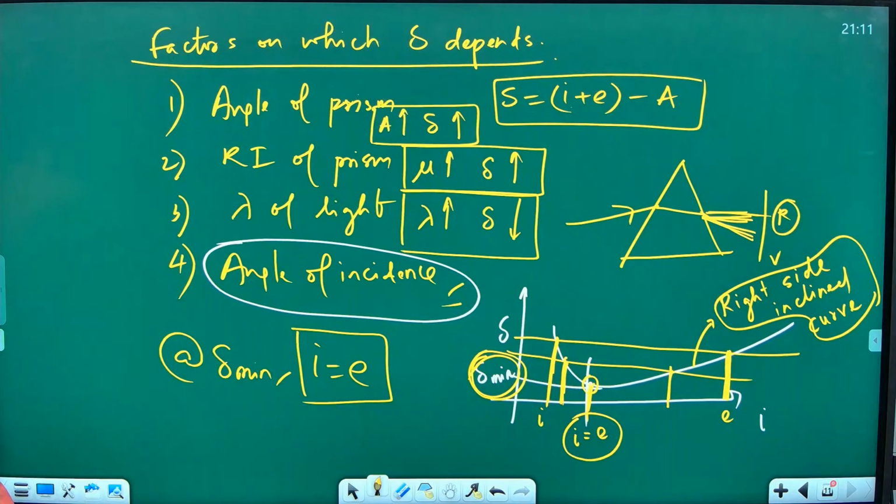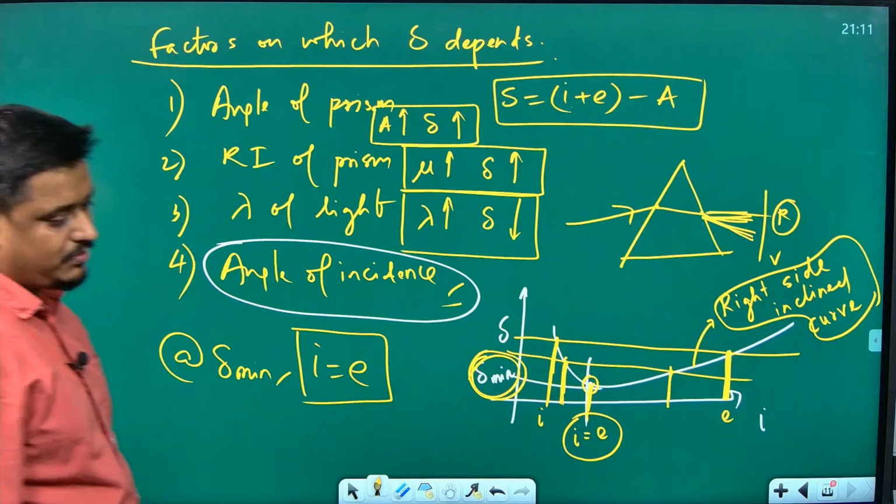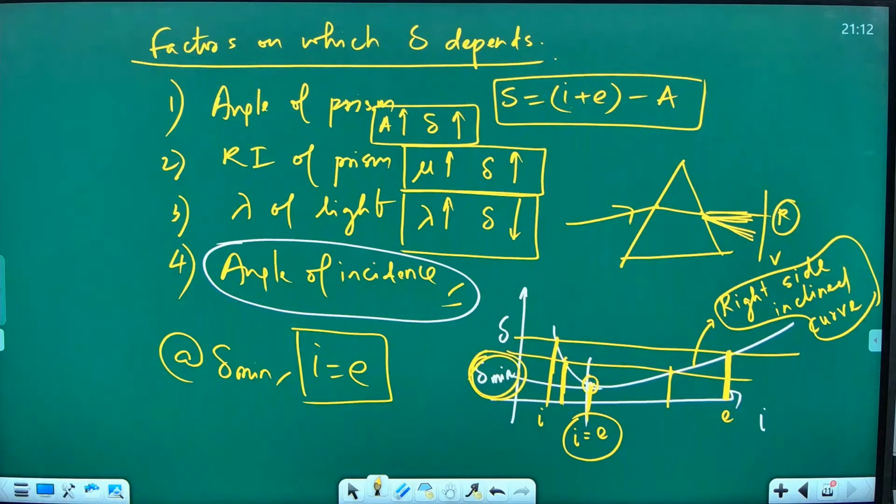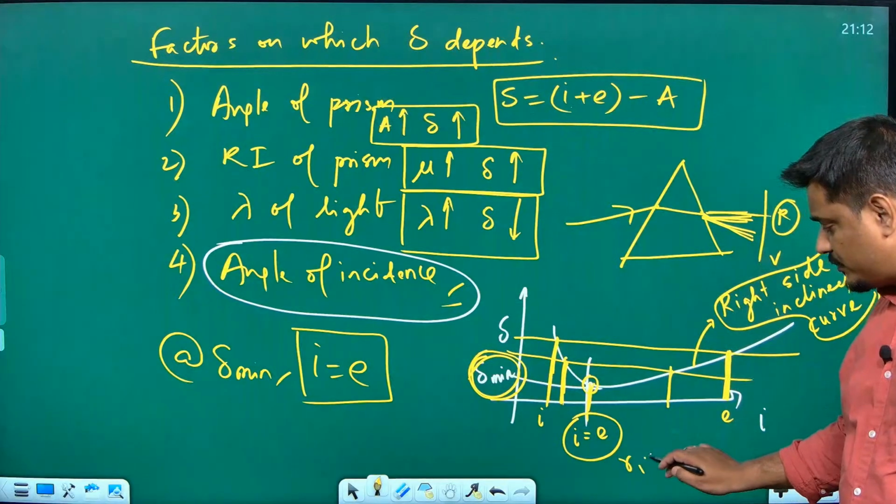Copy it fast first, if you are writing something. Then I'll give you one question. At delta minimum, I is equal to E and also R1 is equal to R2.